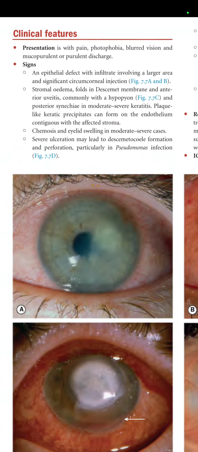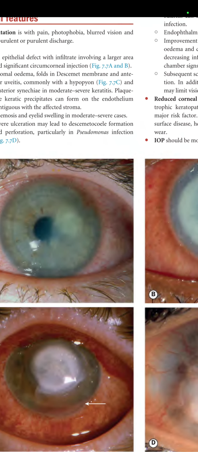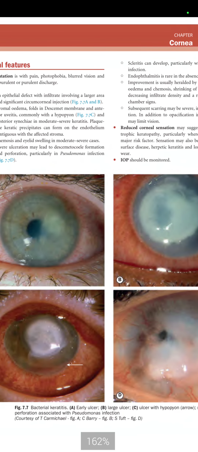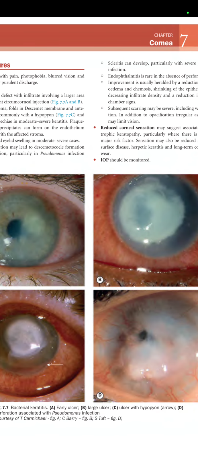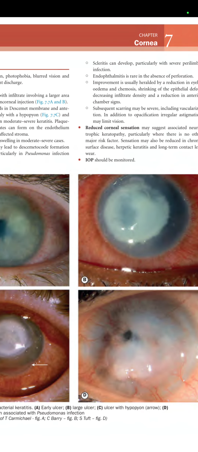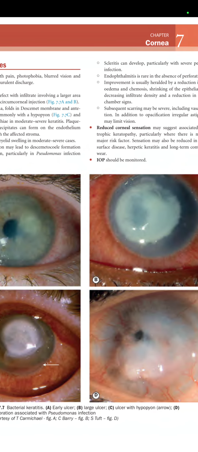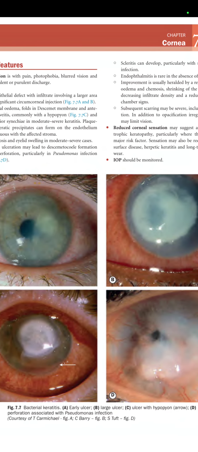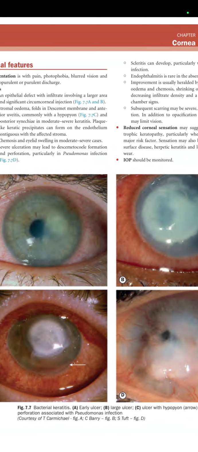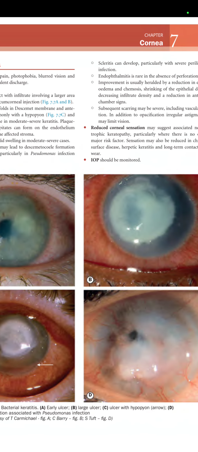So we are going to see figure 7.7 A, B, C, D, E. A is an early ulcer, B is a large rounded ulcer, and C is an ulcer with a hypopyon. The arrowhead shows the hypopyon, and E is showing the perforation of the cornea.